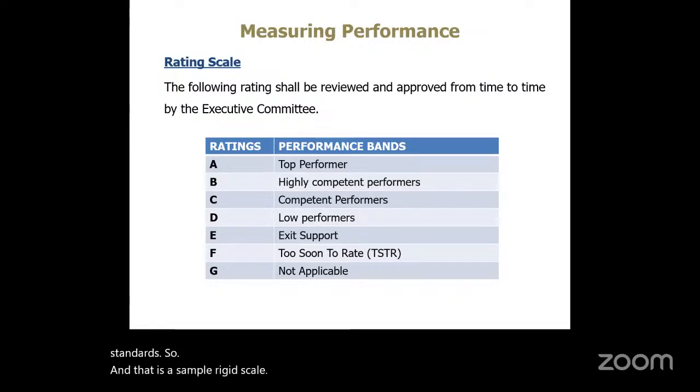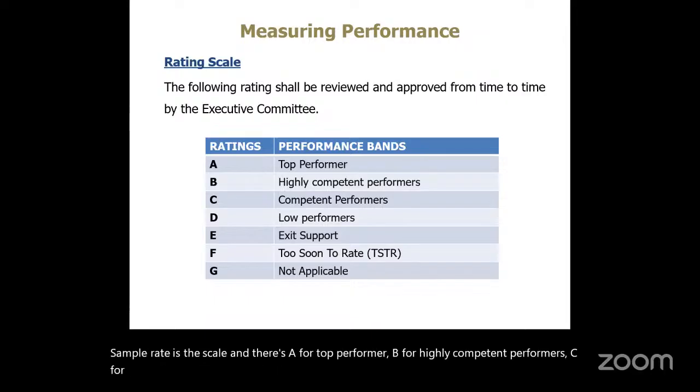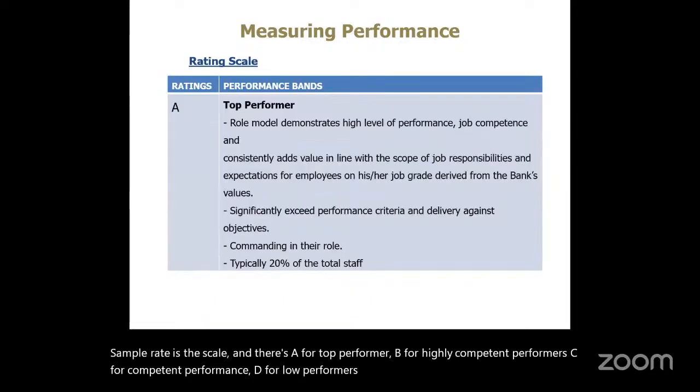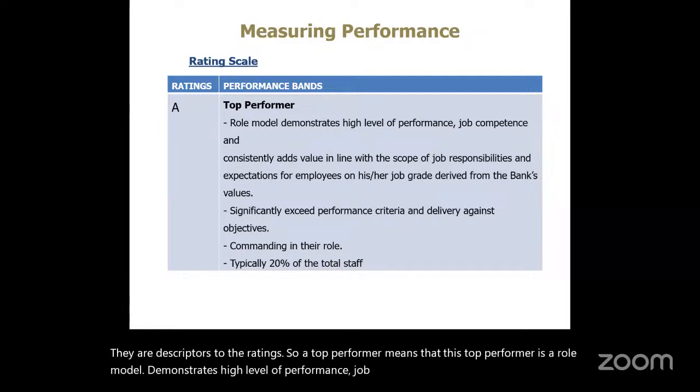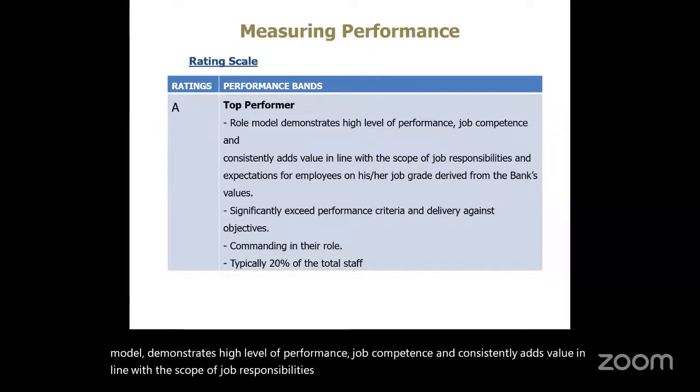There's also another sample rating scale. There's A for top performer, B for highly competent performers, C for competent performers, D for low performers, and E for exit, support, and all that. And there are descriptors to the rating. So A, top performer, means that this top performer is a role model, demonstrates a high level of performance and job competence, and consistently adds value in line with the scope of job responsibilities and expectations. I can go on and on.